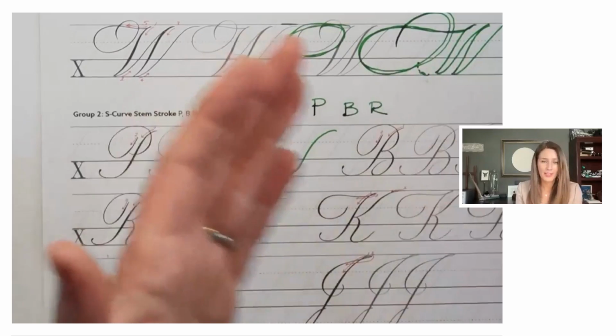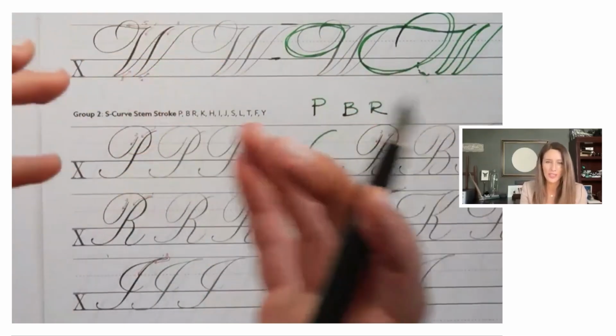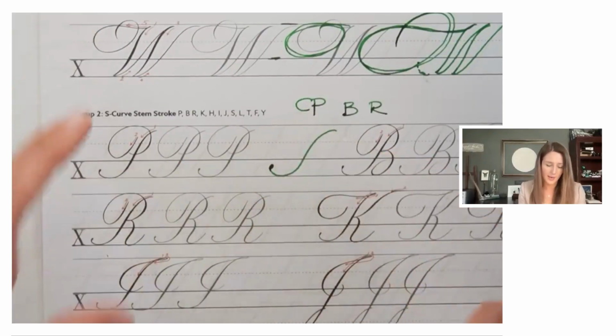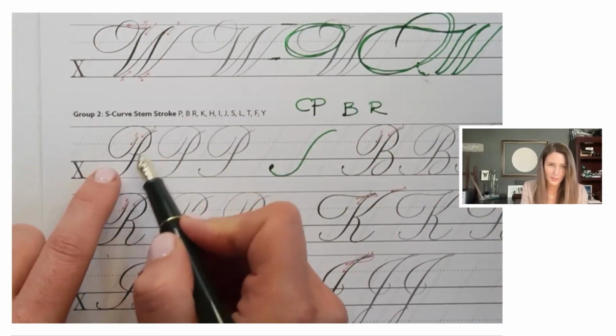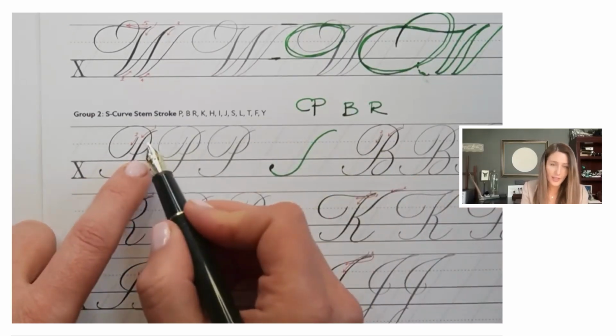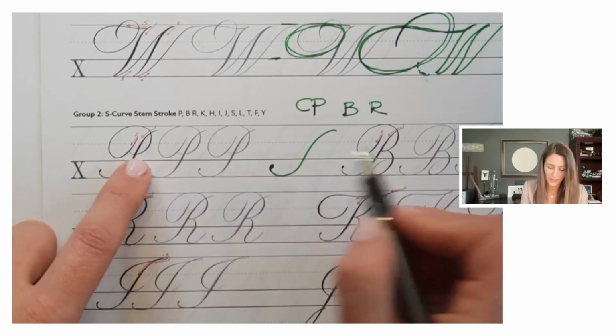And while that is still true of these forms, the majority of the big oval shape that we're going to be creating is actually going to be on the other side of the stem. So see this portion of the P and this portion of the B, it's actually larger than the bowl itself. Okay, it's the same with the P, B, R.